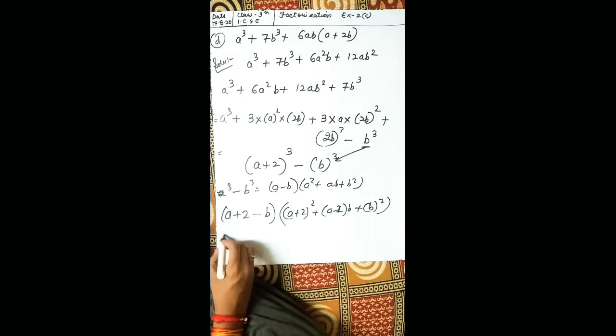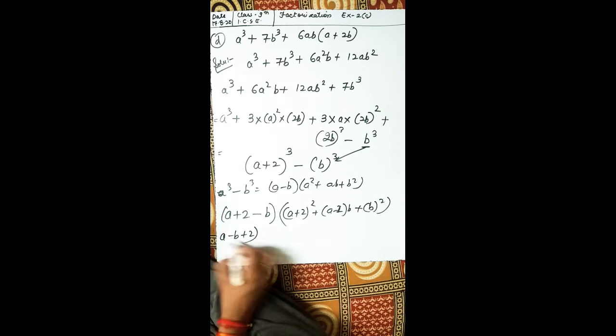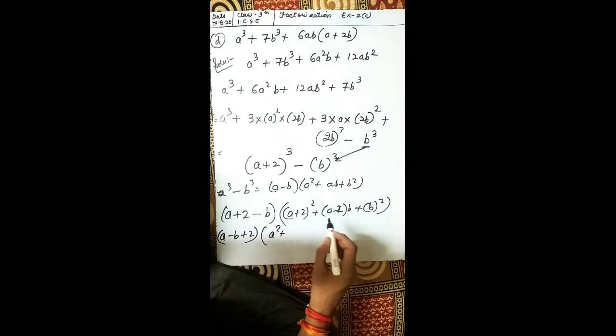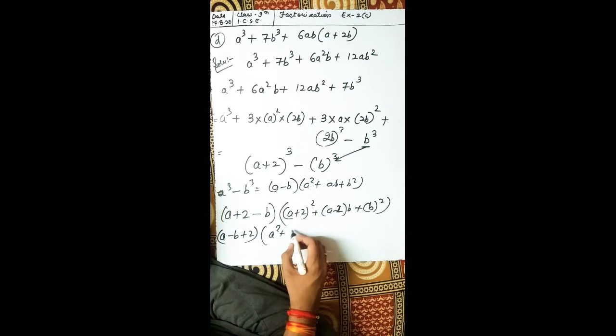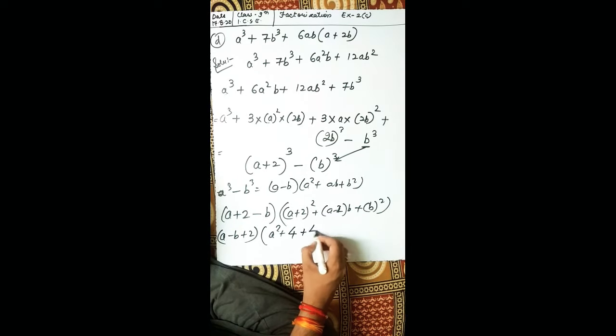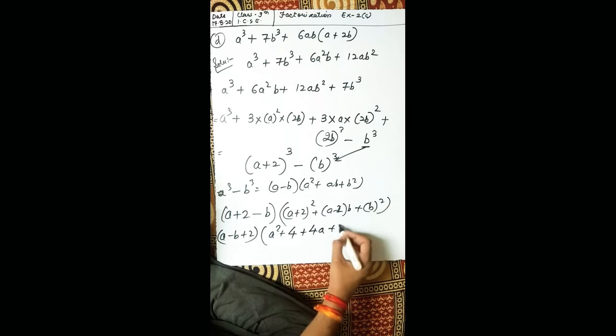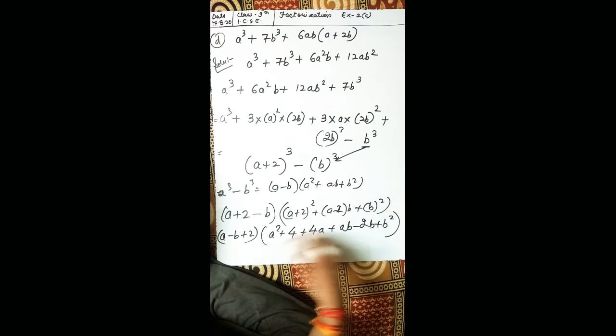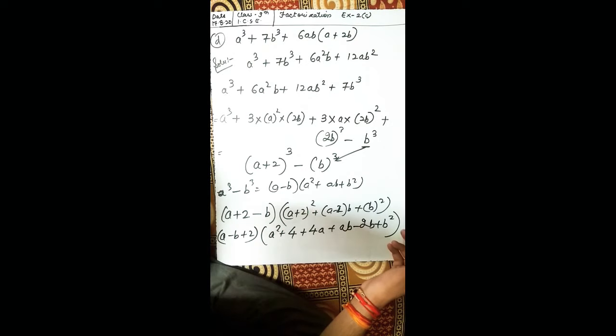Okay, so here this will be a minus b plus 2, or a plus 2 minus b, that is same. A square plus 4b square plus 4ab plus ab minus 2b plus b square. If anything is adding, you can add it, otherwise this is the final answer.